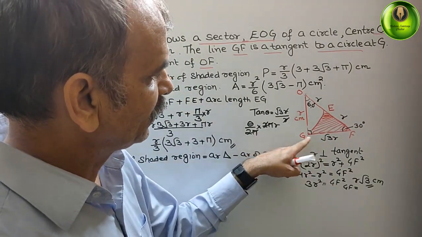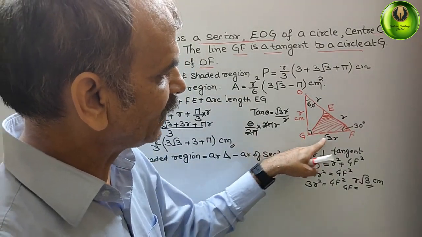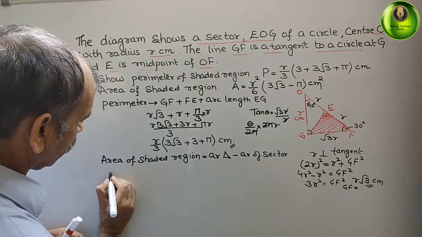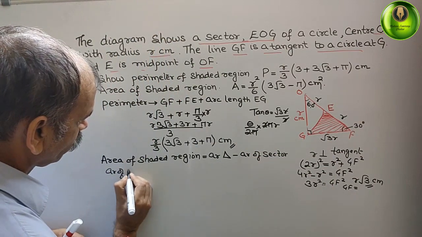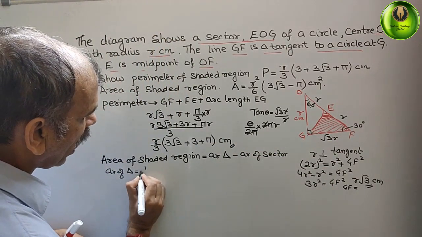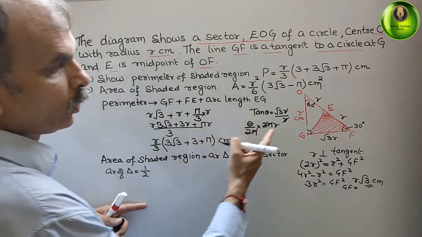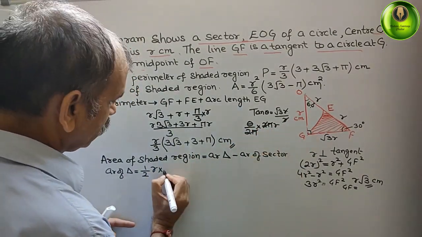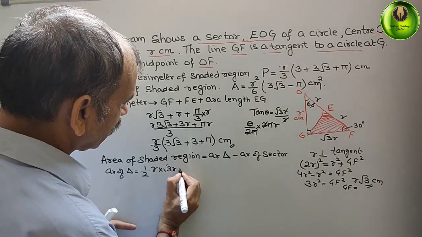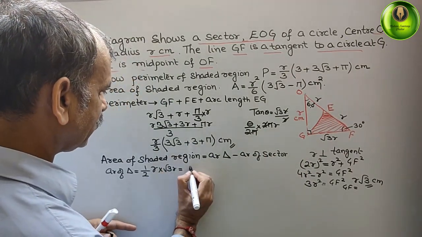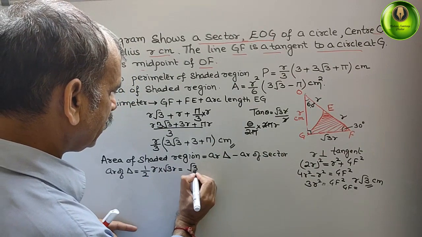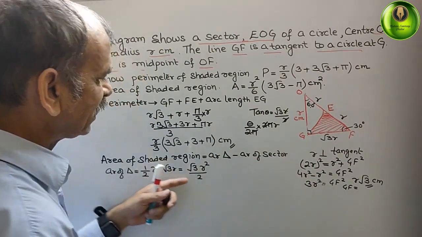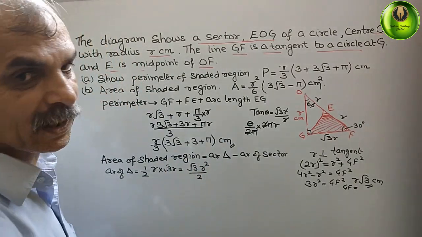You can see this is 90 degrees, this is the height and this is the base. So the area of triangle is equal to half into the height into the base root 3 r, that is equal to root 3 r square by 2. This is the area of the triangle.